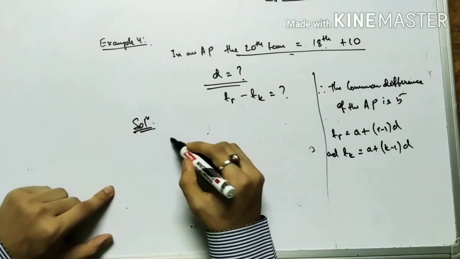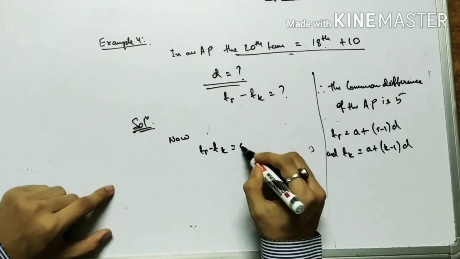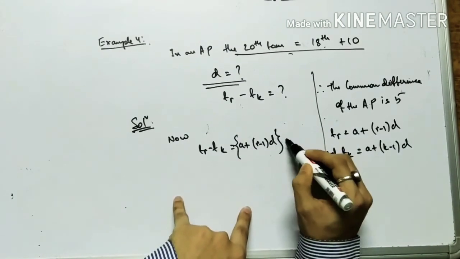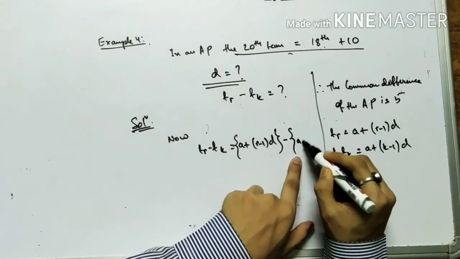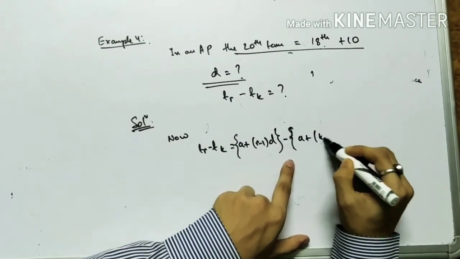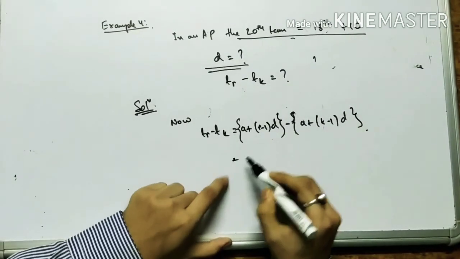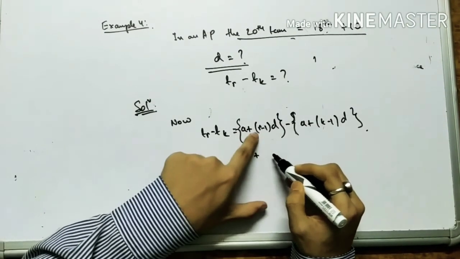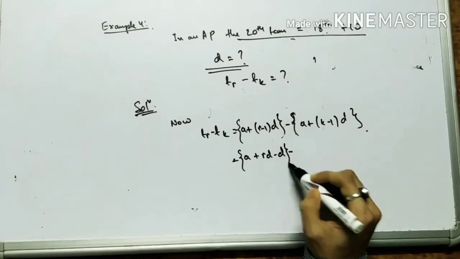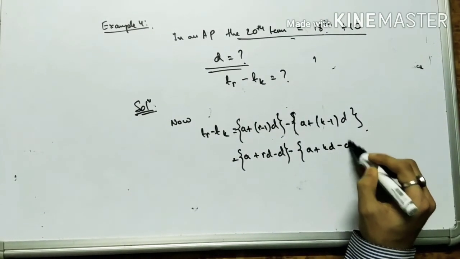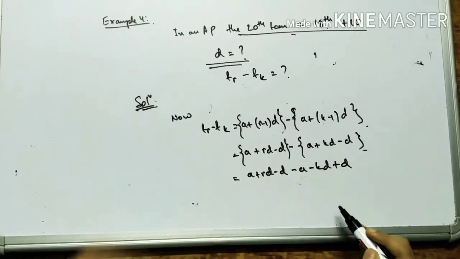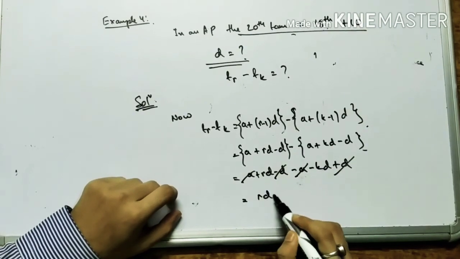Now TR minus TK will be A plus R minus 1 D, minus A plus K minus 1 D. If I multiply D, I get A plus RD minus D, minus, keeping this bracket, A plus KD minus D. Now I will open the brackets: A plus RD minus D minus A minus KD plus D. D cancels, A cancels, ultimately I get RD minus KD.